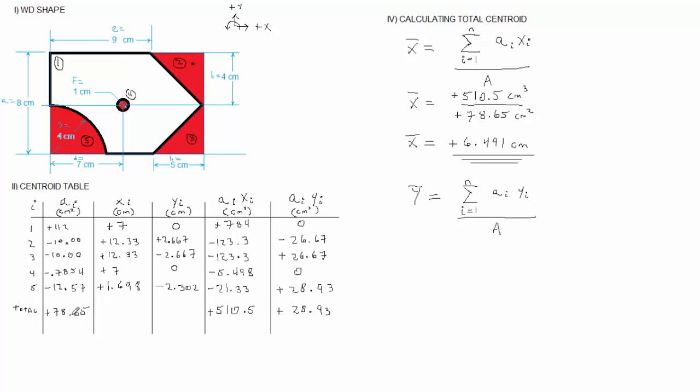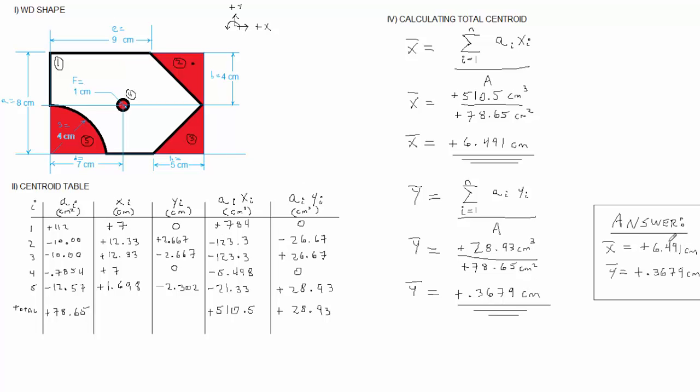We have those values, the 78 and the 28. And the y bar is a positive 0.3679 centimeters. So the x bar is at a positive 6.491 and the y bar is at a positive 0.3679.